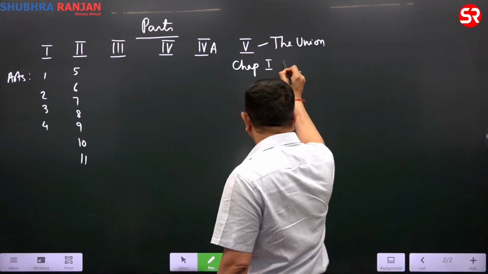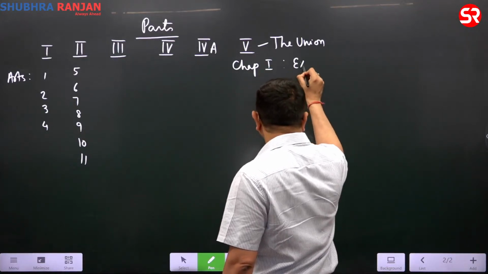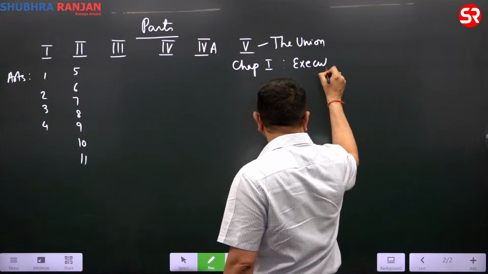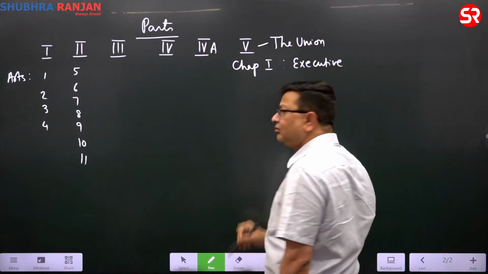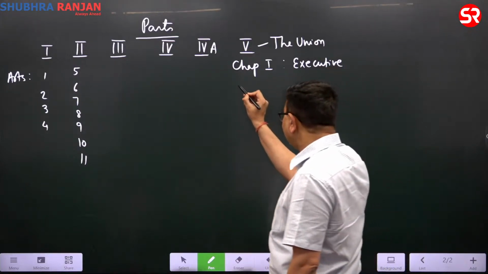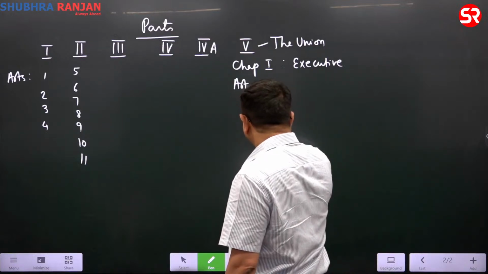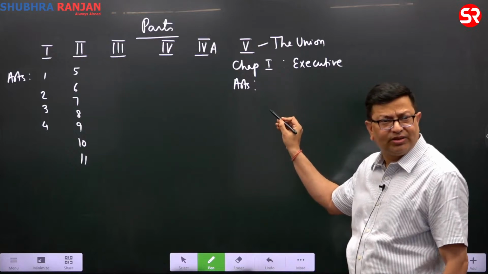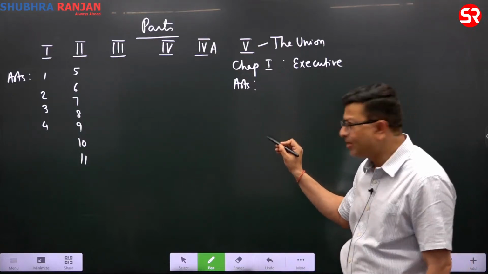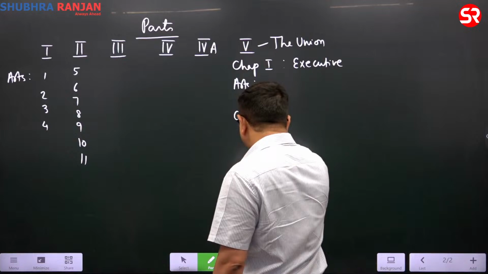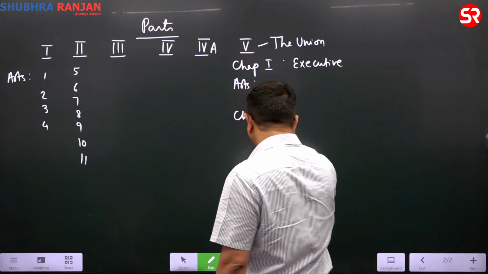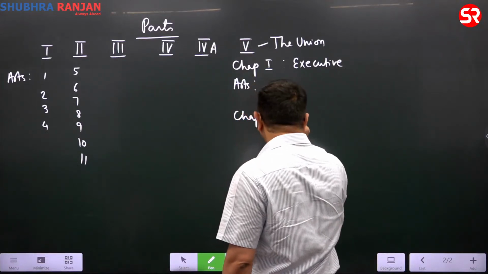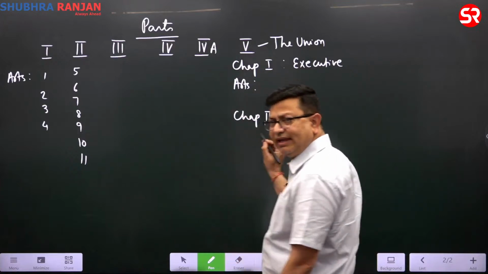Chapter 1, the executive, and then we have the articles related to the president, the vice president, the council of ministers, the attorney general. Then chapter 2 is related to the parliament, that is the union legislature.